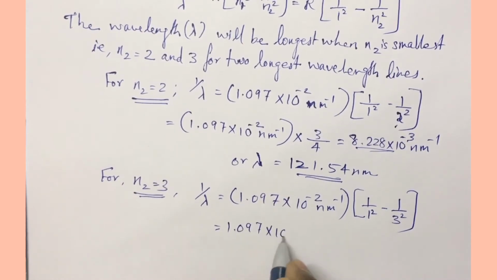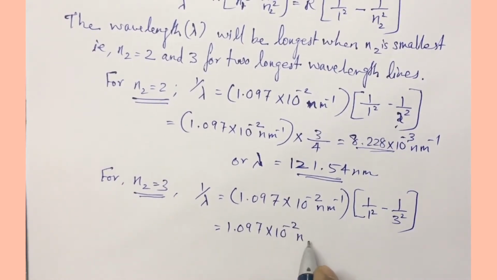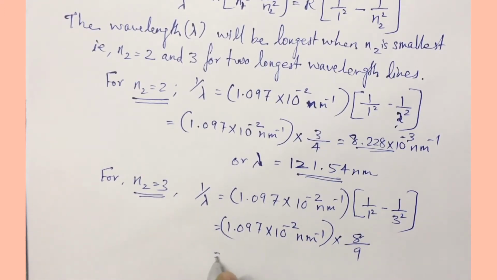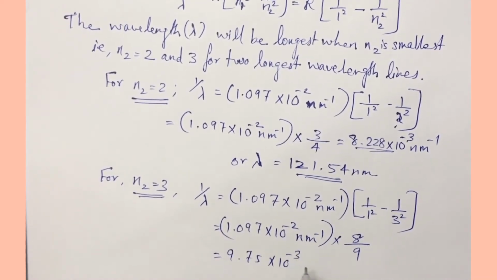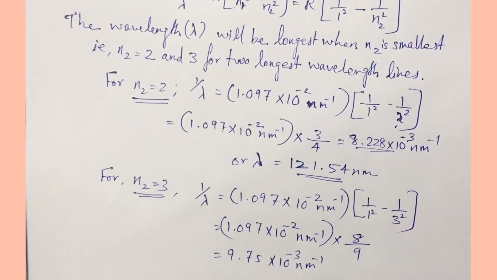Now that is equal to 1.097 into 10 raised to minus 2 nm inverse into, this will come 8 by 9, that is equal to 9.75 into 10 raised to minus 3 nm inverse. When you find the inverse, it will come 102.56 nanometer.